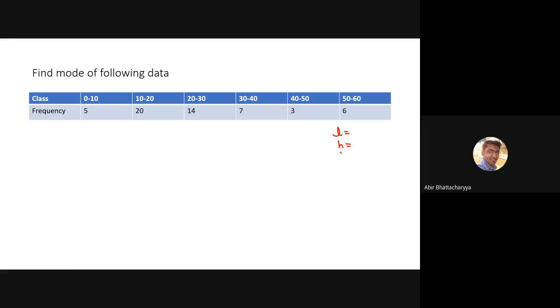Then what is FM? Then what is F1? Then what is F2? And finally, what is the mode? The 6 things all together you have to write on the chat box. I'm waiting for your answer. Go for it. I'll give you 5 minutes, which is good enough.